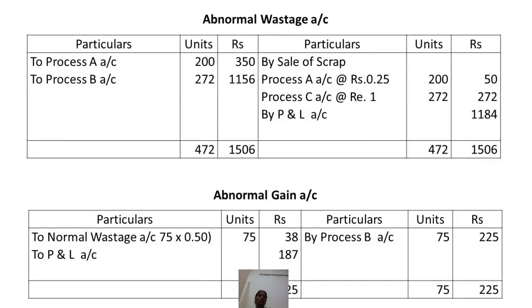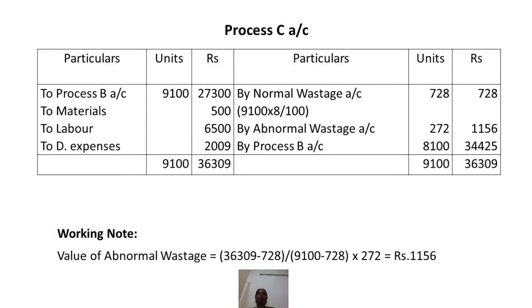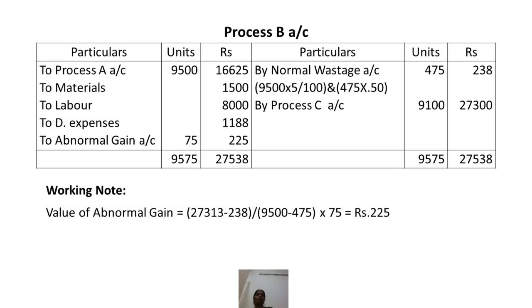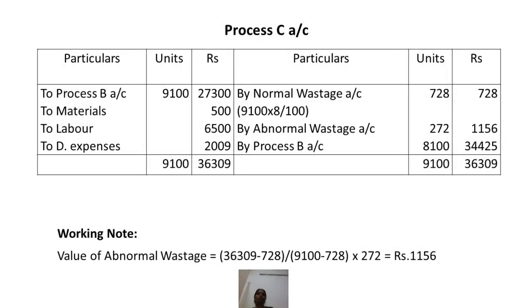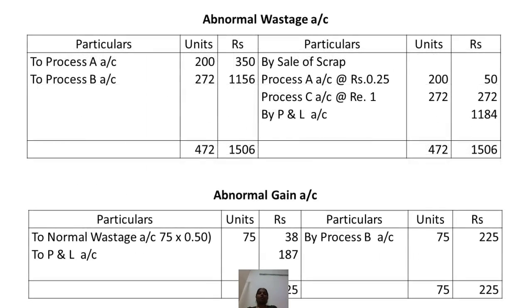Wherever we have written here in process A and process B, the abnormal wastage or the abnormal gain should be transferred to the abnormal wastage and abnormal gain account. Then whatever is the balancing figure should be transferred to profit and loss account in both the accounts.